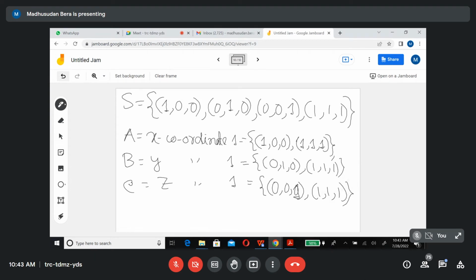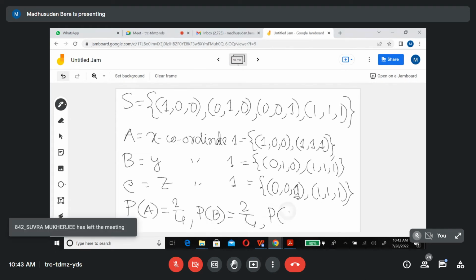So what is the probability of A? 2 by 4. P of B? 2 by 4. P of C? 2 by 4. Now we will verify whether AB, BC, CA or ABC are dependent or independent.